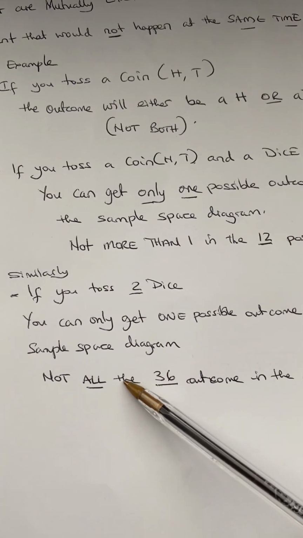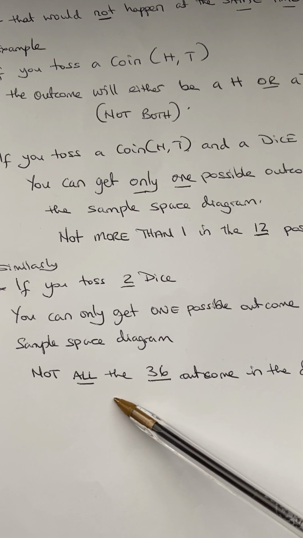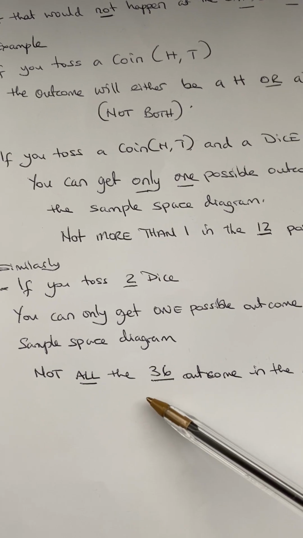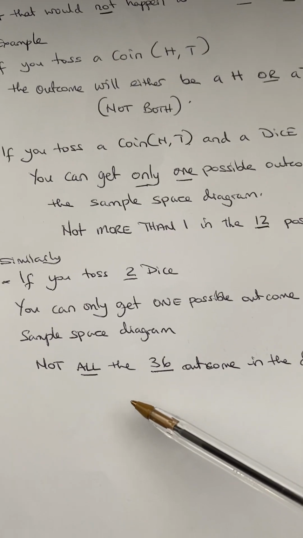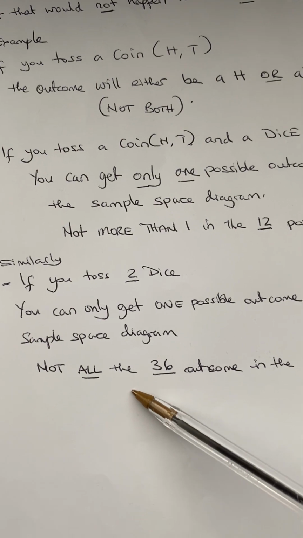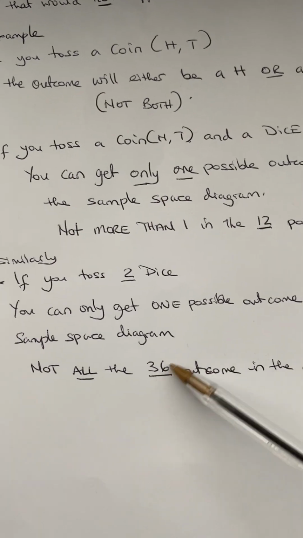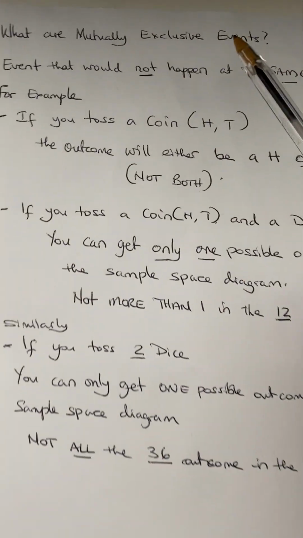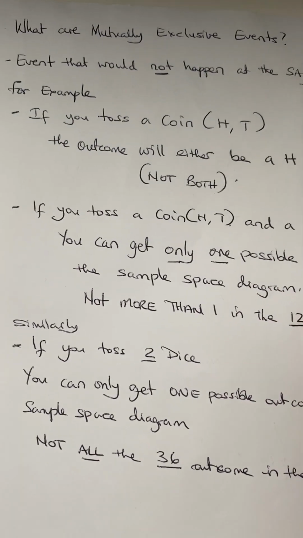You can either get a 1 and a 6, a 2 and a 6, if you toss two dice. But you can't get at the same time a 2 and a 2 and a 4 and a 2. You can't do that. Those events are called mutually exclusive events.